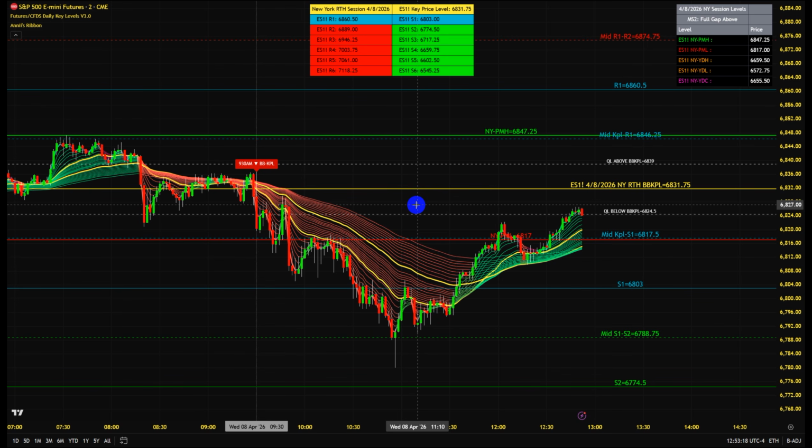And then also with options, you have the time value element built into the cost of the option, which has to do with the VIX and the implied volatility for that day as to what the time value premium, volatility premium is going to be. And you also have time decay to be concerned with, because 0 DTE options are going to expire at the end of the SPX session that day. 1 DTE expires the following trading session day at the end of that one.